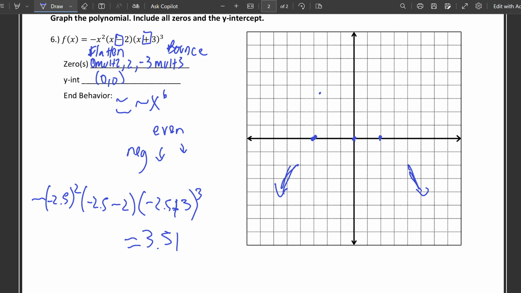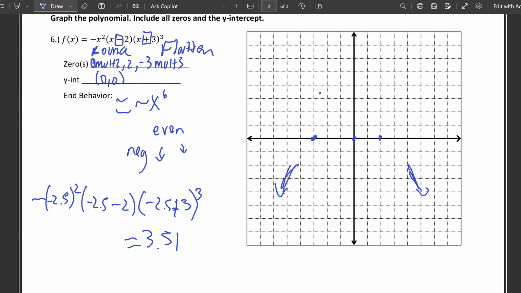Oh, excuse me, I had that backwards. It's bounce and then flatten.